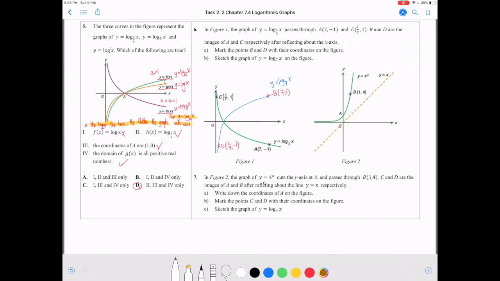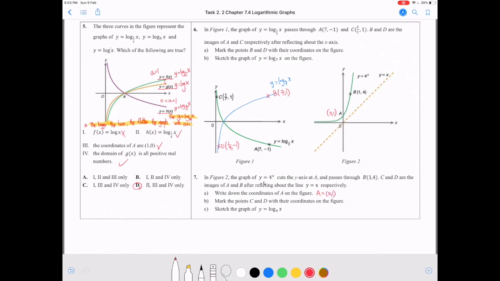Part A. Write down the coordinates of A on the figure. Okay, so the graph of y equals 4 to the power of x is an exponential graph, right? So this point A should be (0, 1).